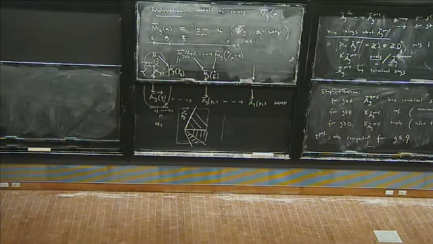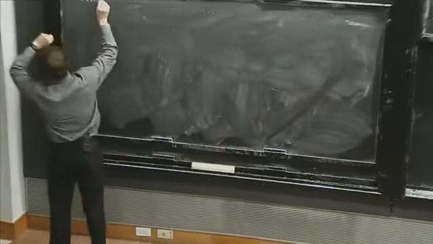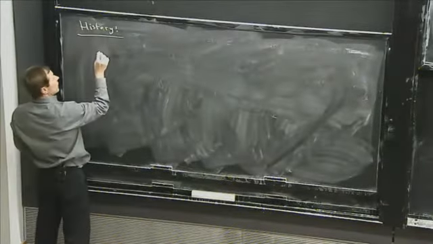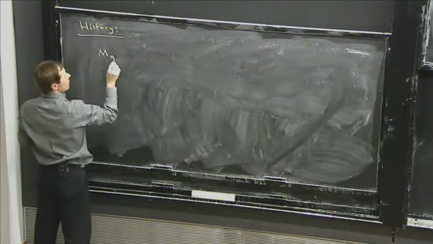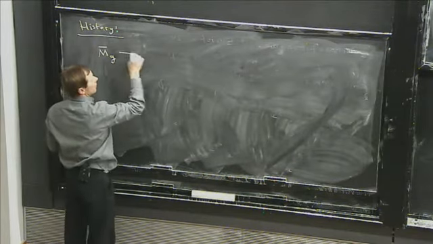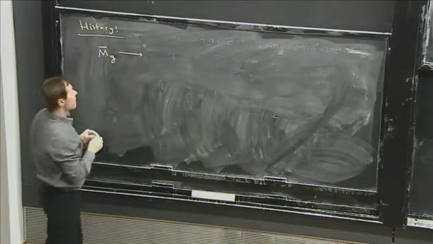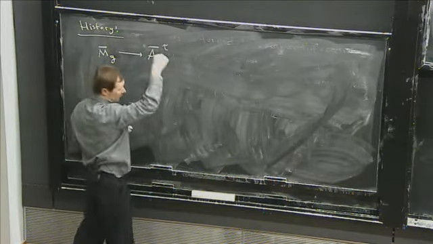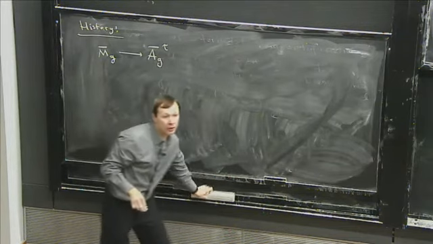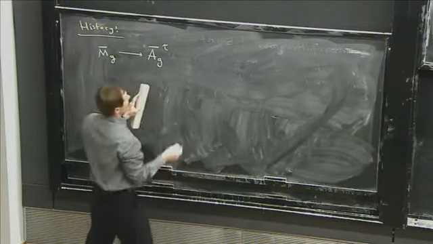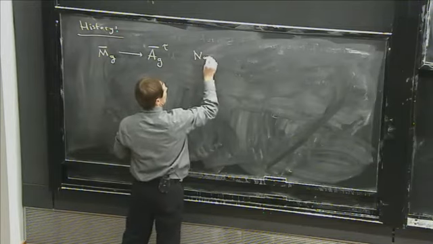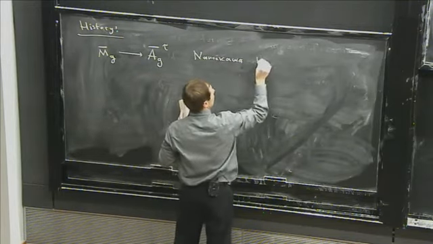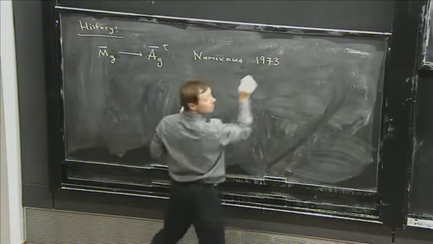And here, let me tell you a little history of the question. The question of whether the usual Torelli map from Mg bar extends to a map to a toroidal compactification was first discussed by Namikawa in 1973.